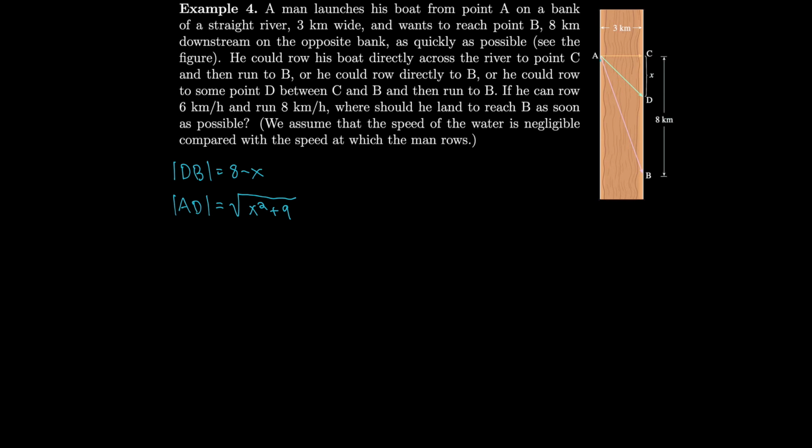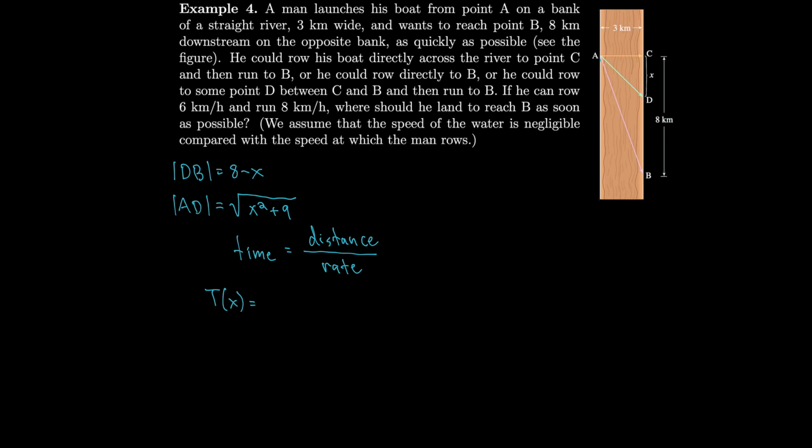So let's come up with a function here. We know that time is equal to distance over rate, because distance equals rate times time. So we can come up with a function t of x, equal to the time that he spends rowing plus the time he spends running.